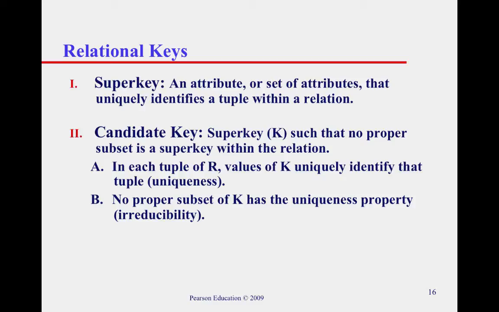Now, we would like to do better than that because that's an awfully big key. So we move from there to a candidate key, which is what we call an irreducible key, or the smallest possible superkey. So it's a superkey such that no proper subset is a superkey, meaning if we were to remove any attribute from this set, it would no longer be a superkey.